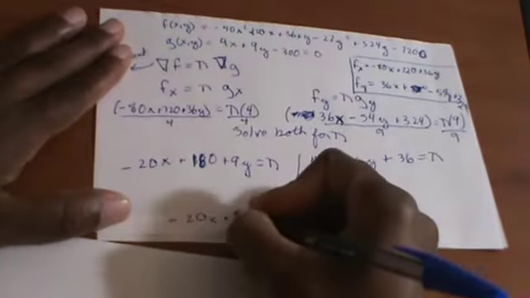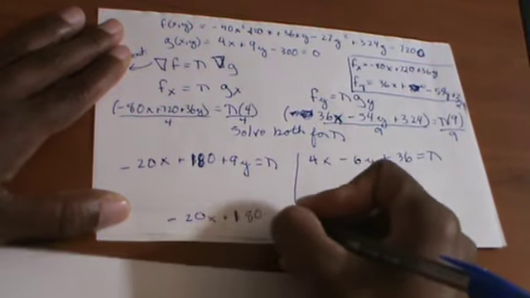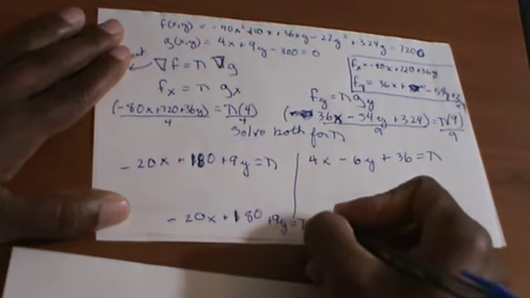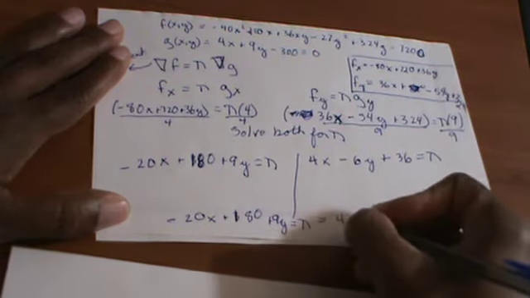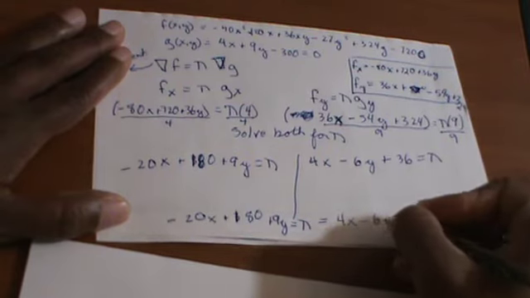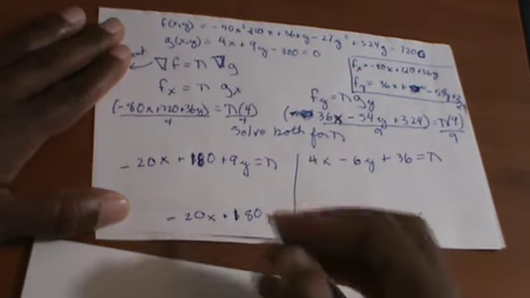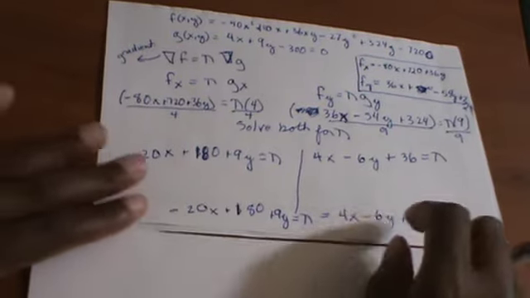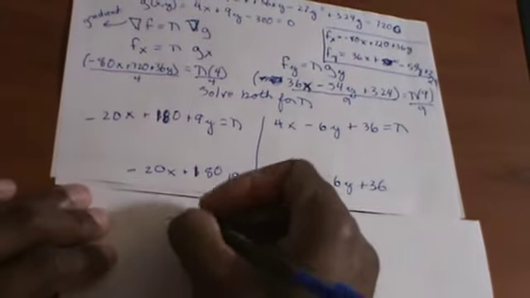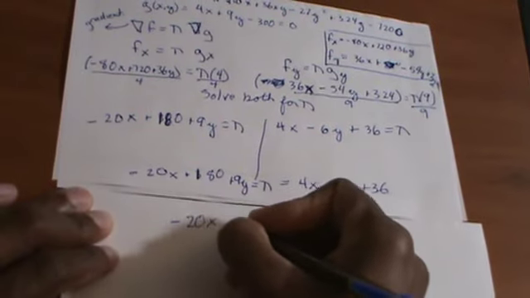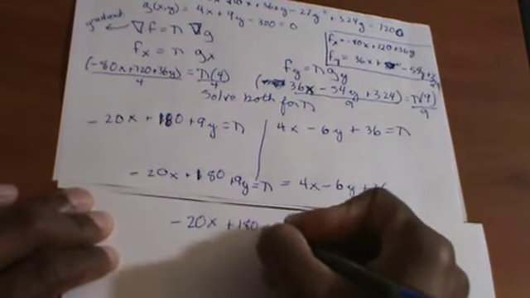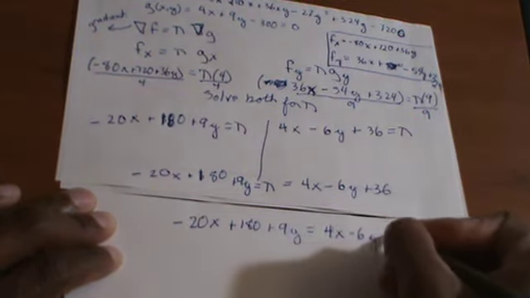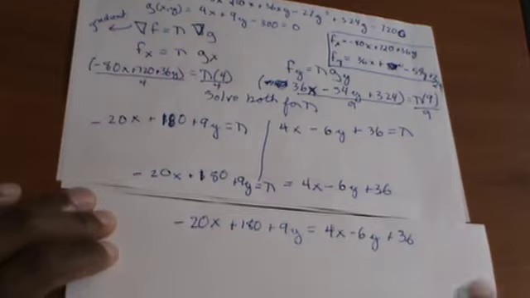Okay. 180 plus 9y equals lambda, which also equals 4x minus 6y plus 36. So if they both equal lambda, these two equal each other. That tells me that negative 20x plus 180 plus 9y equals 4x minus 6y plus 36.